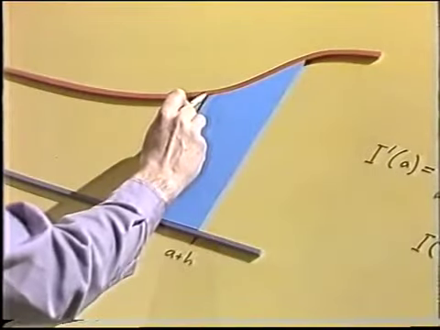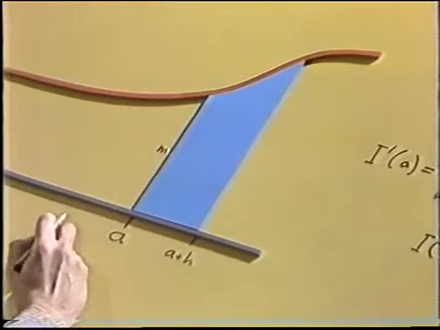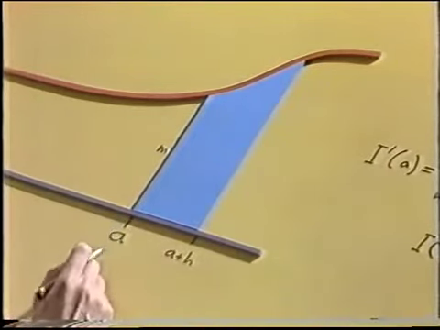Now, the smallest lowest sum we could get would be where there was only one subinterval, giving this rectangle of width h and height little m, the smallest value of f in this interval. So little mh must be less than or equal to our integral expression.